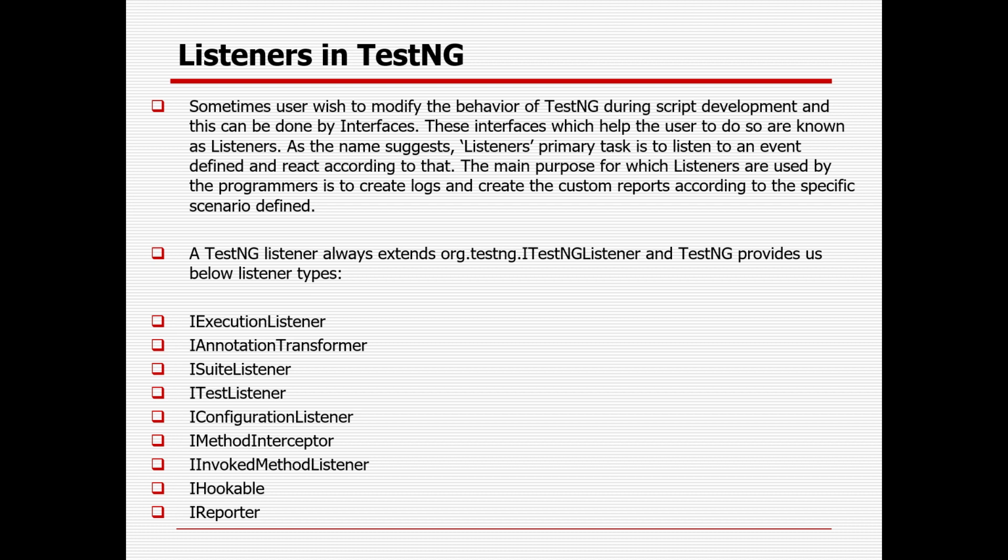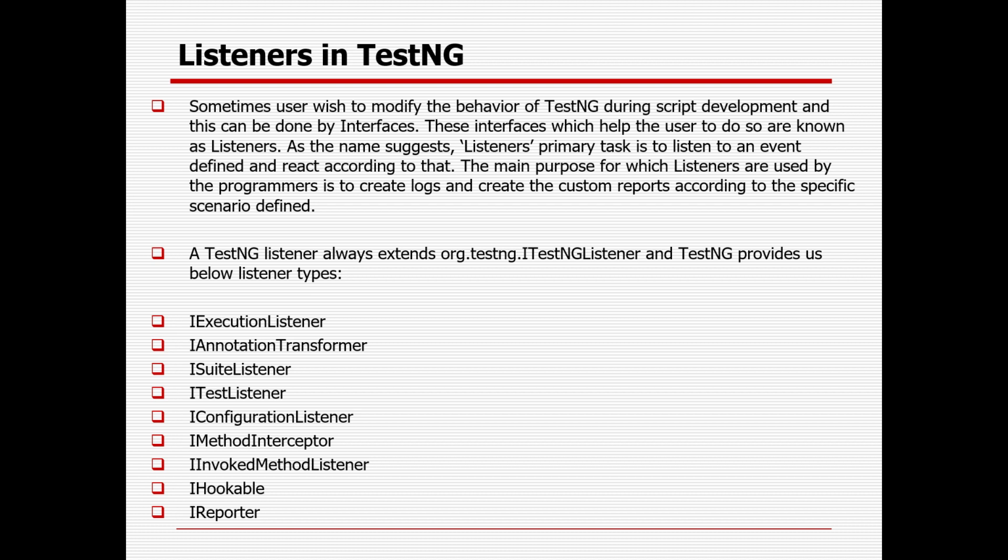An interface is kind of a 100% abstract structure. Whenever a class implements an interface, all the unimplemented methods you need to implement, right? So these interfaces, which help the user to do so, are known as listeners.